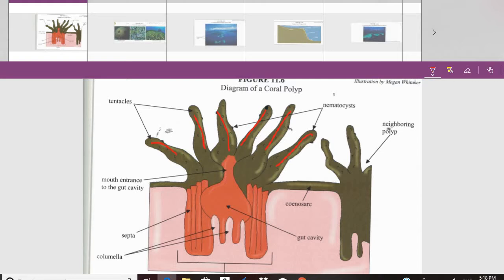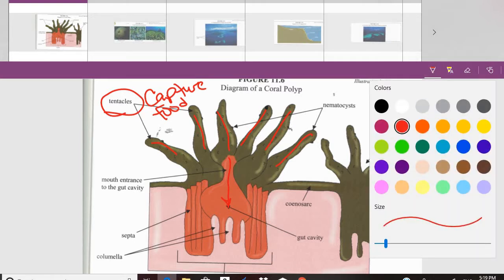Typically, there are 6 tentacles for this particular stony coral. And what the tentacles do is that they capture the food, and then that food gets directed down into the gut cavity, which is there.